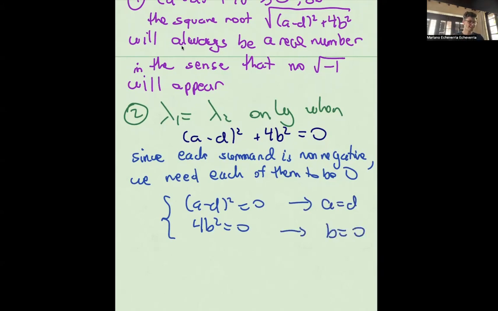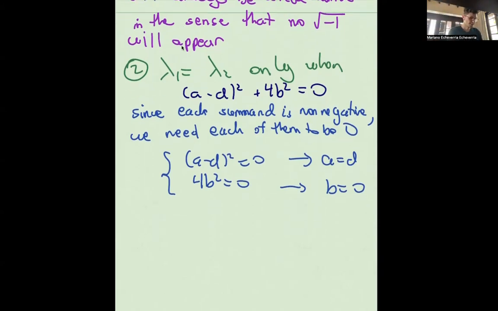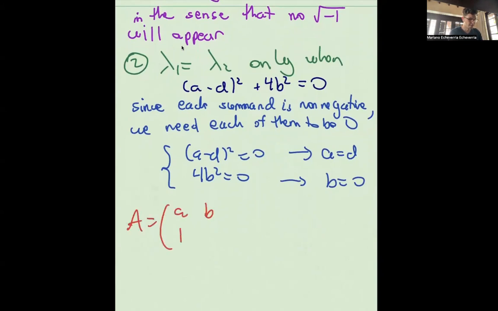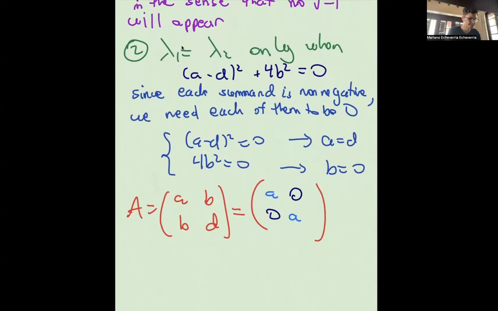So that's nice, because remember, what was the matrix A? A was A, B, B, D. So in this case, A equals D, so you can replace D with A, and B equals 0. That means that in the symmetric case, this is a multiple of the identity. You can write it as A times 1, 0, 0, 1 if you prefer.